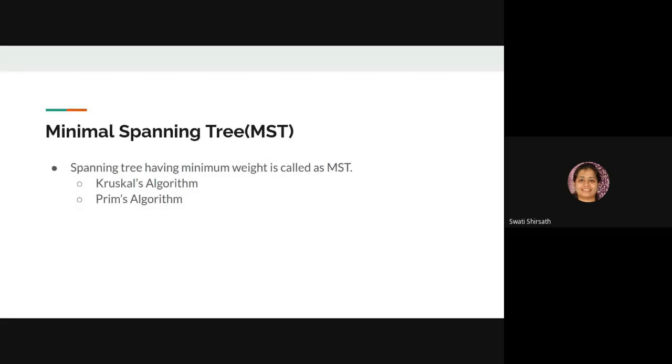And here in tree also we have minimal spanning tree, where we find the spanning tree with minimum weight. Spanning tree means a subgraph of a given graph, a tree having all vertices of that graph. So such tree which is having minimum weight.